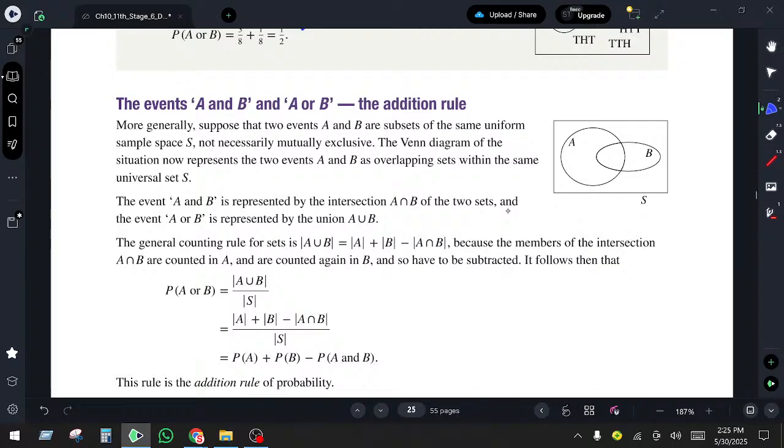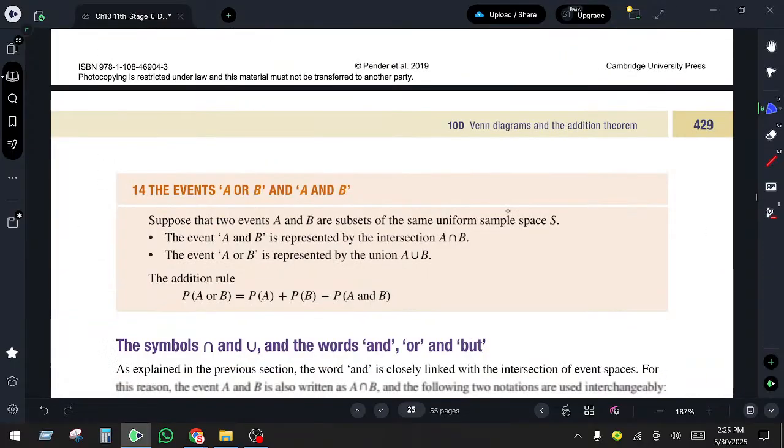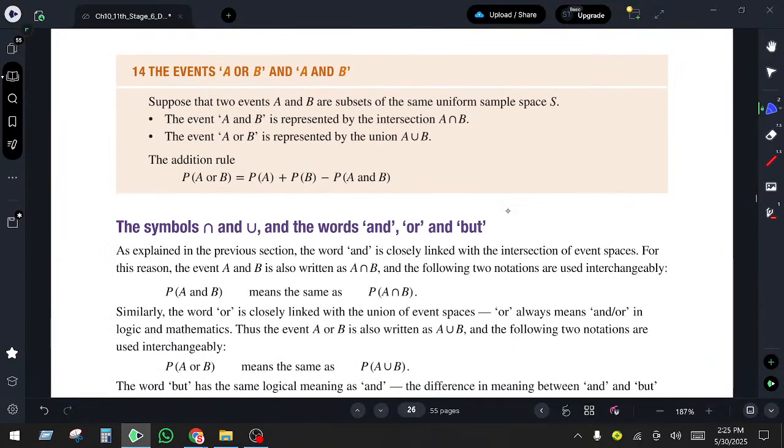And this addition rule, as I said: probability of A union B is equal to probability of A plus probability of B minus probability of A intersection B. This is called the addition rule of probability. A intersection B will be empty if they are mutually exclusive.